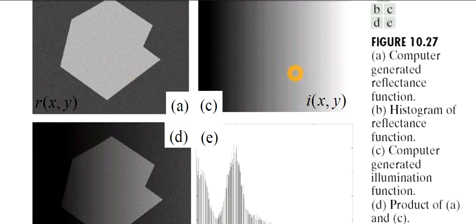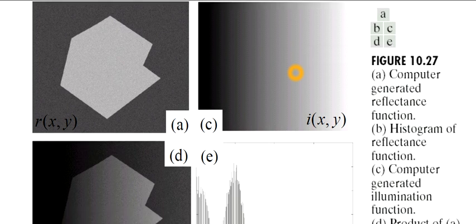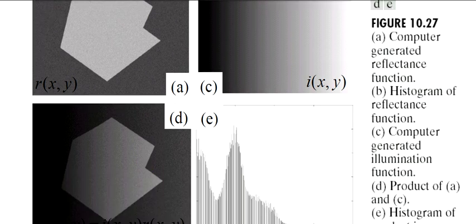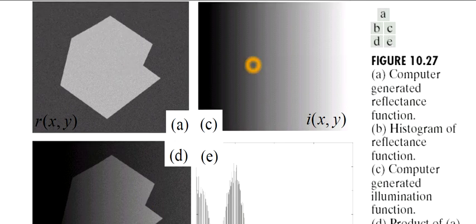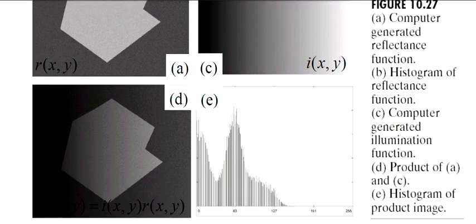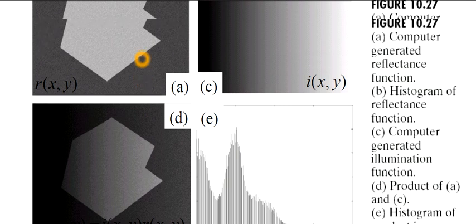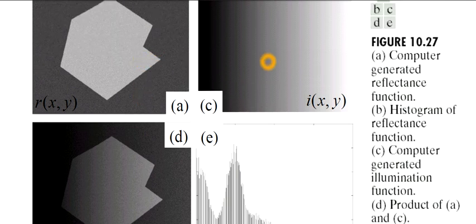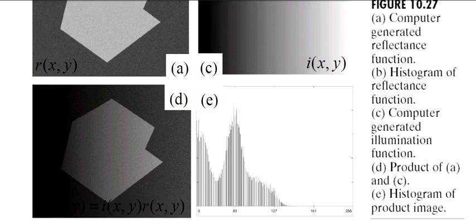This is the computer generated illumination function, and we have multiplied these two, this one with this one. Then we got this image, which is the product of the original image and the illumination. So f(x,y) is equal to i(x,y) times r(x,y). Now when we observe the histogram, we will have an image like this one.